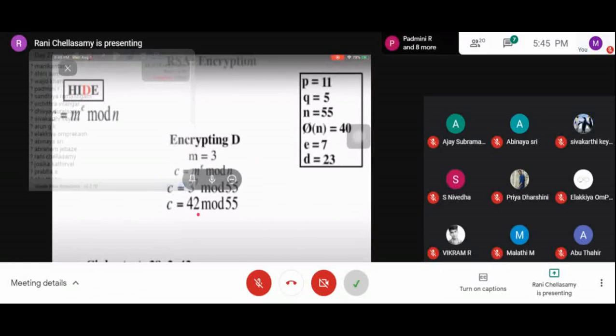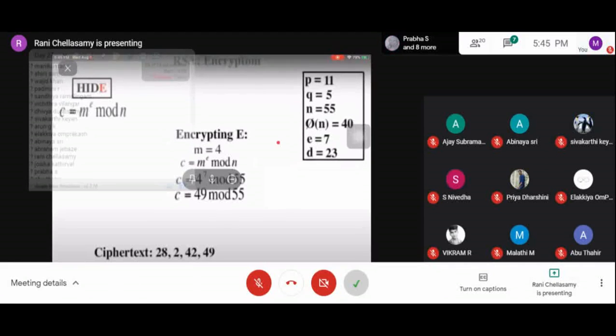And for E, you'll get 49. So for the plain text HIDE, on substituting in the ciphertext formula, C equals m power e mod n, you'll get the ciphertext values 28, 2, 42 and 49. So this is the final ciphertext value for HIDE.